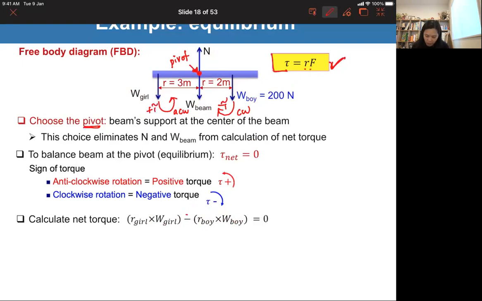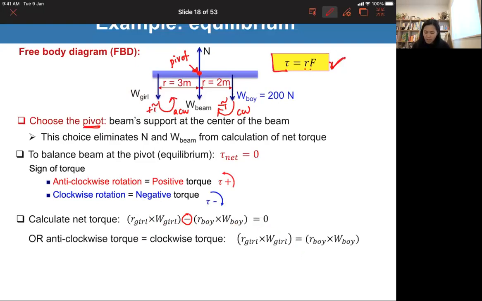That's why you have this negative torque for the weight force of the boy. Net torque should be equal to 0. So if you work out the equation, or you can just reason out that the anti-clockwise torque should be equal to the clockwise torque, you can write down that the torque due to the girl should be equal to the torque due to the boy.